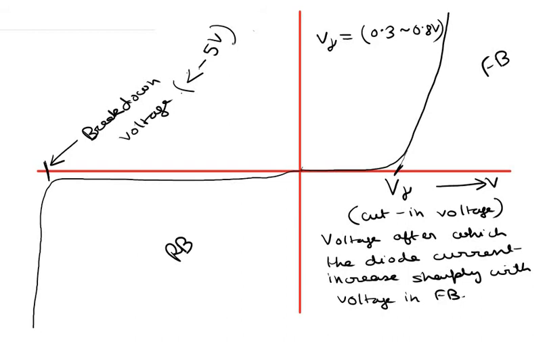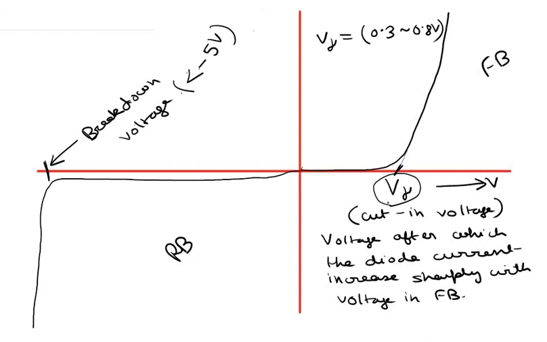Another difference between the forward bias and reverse bias characteristics is that this voltage V gamma cannot be controlled to a large extent. Generally, V gamma is constant for a particular type of diode. For example, for germanium diodes, V gamma is approximately 0.3 volts, and this cannot be modified much. For silicon diodes, V gamma is approximately constant at 0.7 volts.